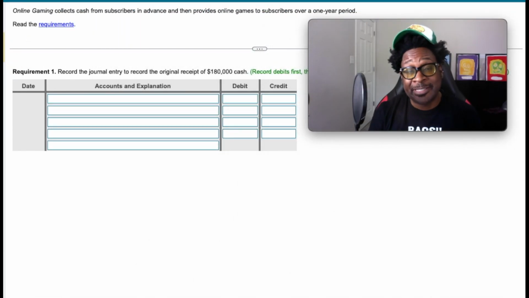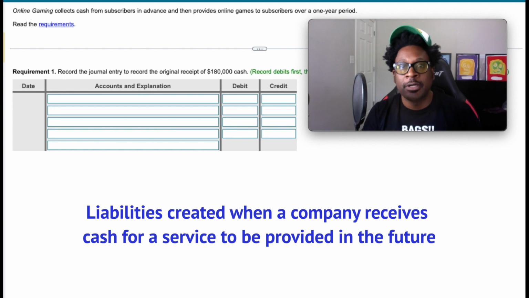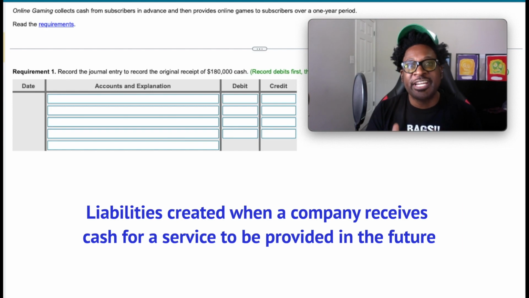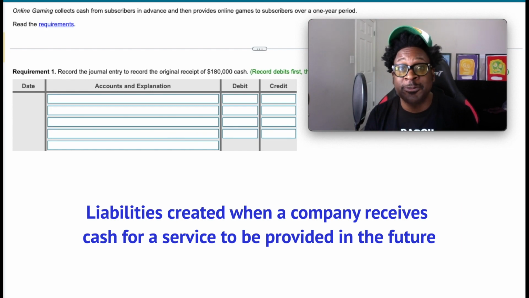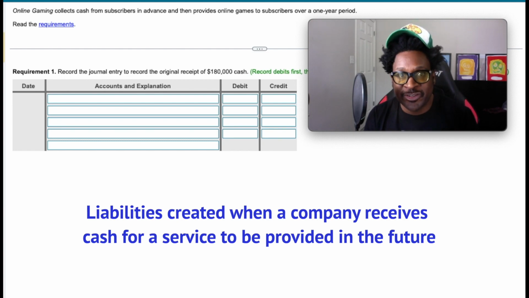So before we dive deep into this problem, let's quickly review what are unearned revenues. Unearned revenues are created anytime a company receives cash for a service to be provided in the future. Because that service to be provided in the future will generate revenues, those revenues will be recorded when they're earned.